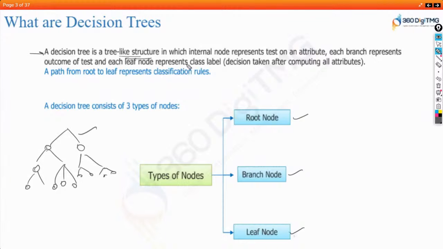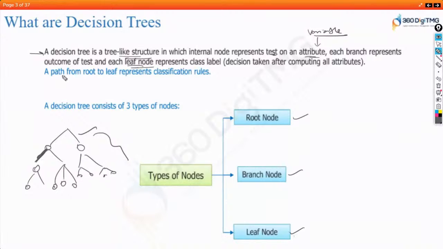In this tree-like structure, the internal nodes represent a test on an attribute. Attribute is nothing but your variable, factor, or you can also call it a feature. Each branch represents the outcome of the test that you're conducting, and we repeat this till we end up getting leaf nodes.